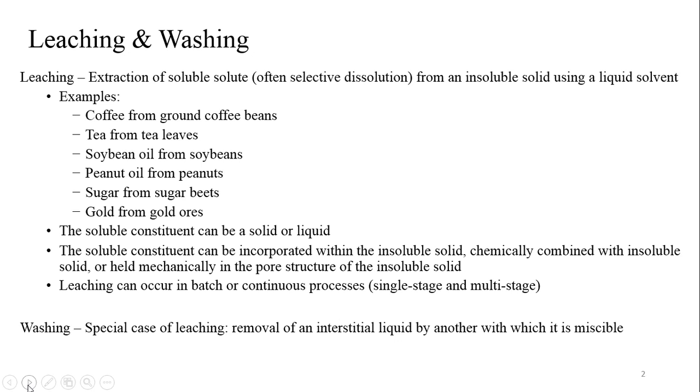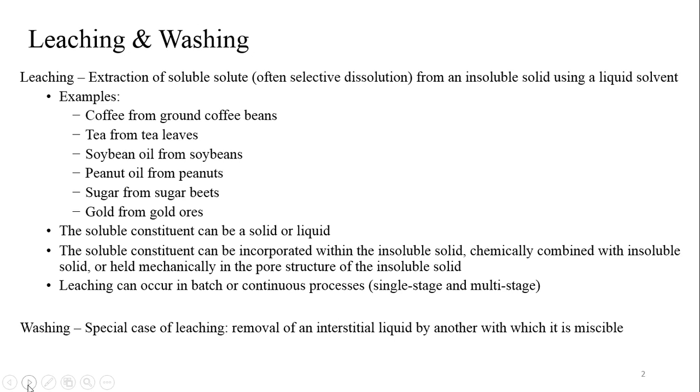This is an operation that's carried out pretty frequently in a variety of different ways. Some really simple things we can think about are coffee from ground coffee beans, or tea from tea leaves, or oils from various types of foods, like soybean oil from soybeans, peanut oil from peanuts.